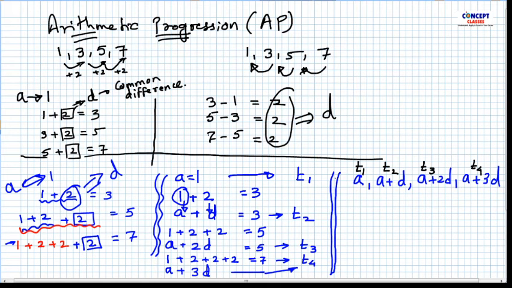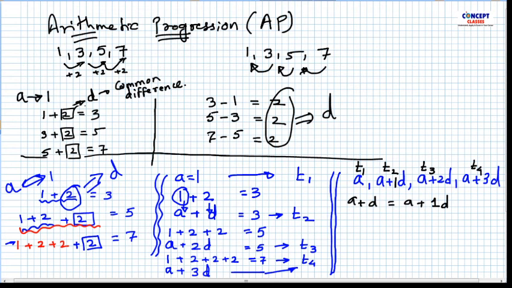Now observe something. First term is A. If I want the second term, T2, can I write a number here? What does A plus D mean? Can I write it as A plus 1D? Does it make any difference? No. So for T2 I have A plus 1D. For T3 I have A plus 2D. So here we have 3 and A plus 2D.